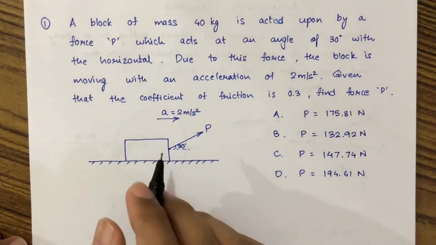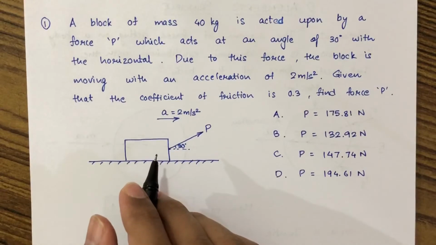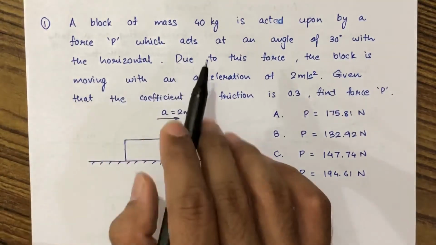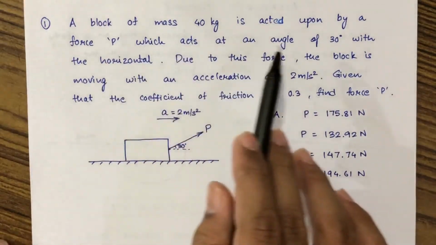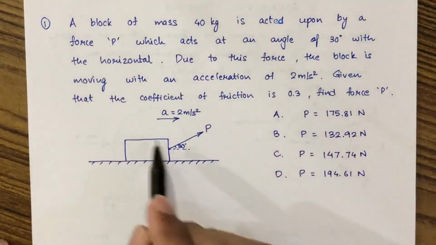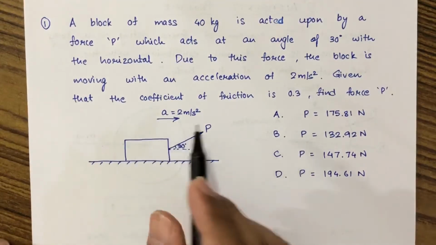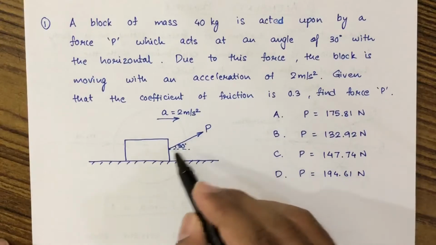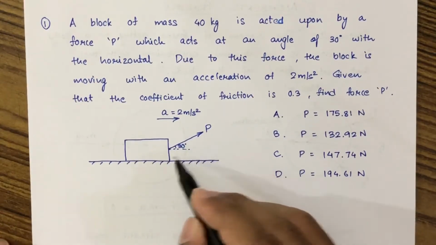So based on D'Alembert's principle, let us solve one numerical. A block of mass 40 kg is acted upon by a force P, which acts at an angle of 30 degrees with the horizontal.